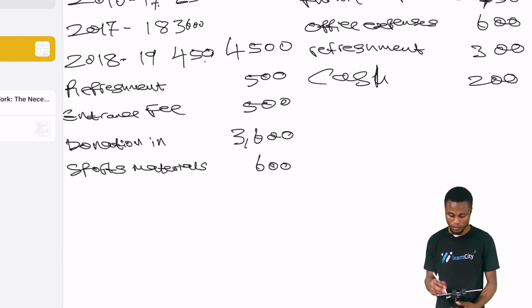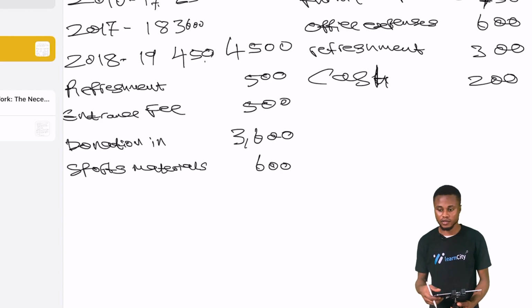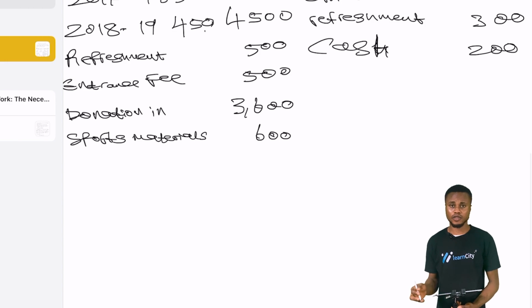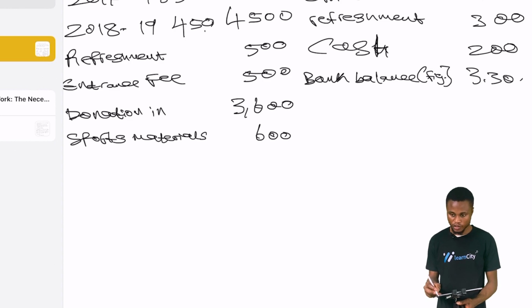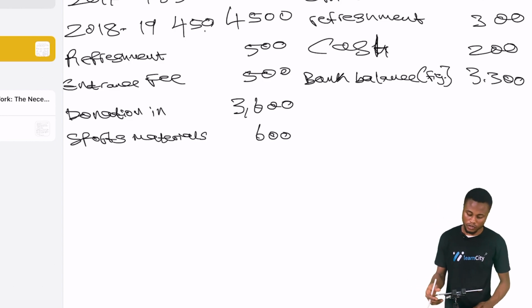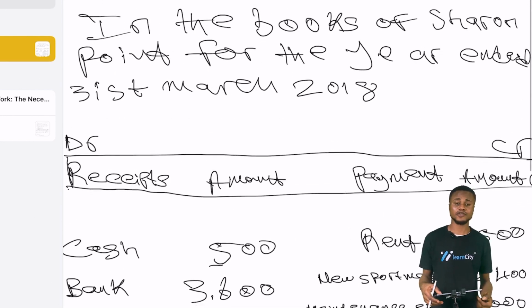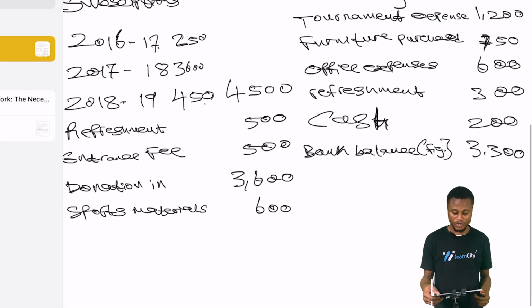After the cash, the bank balance figure is 3,300. And to this, of course, we do a small calculation, right?